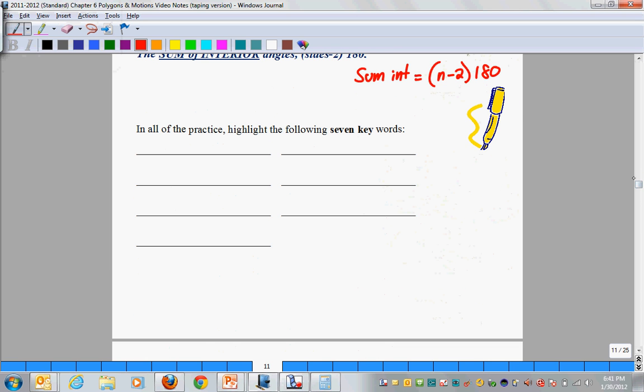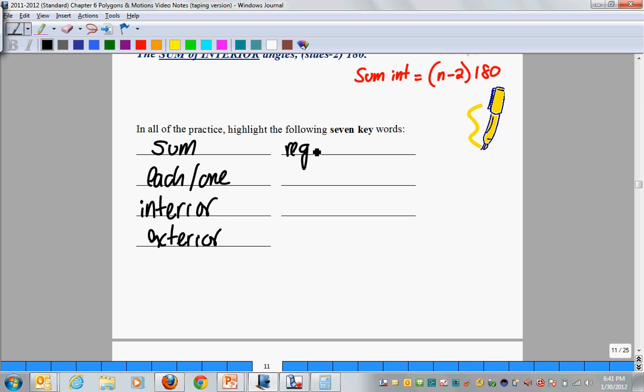When you're working with these problems, you have 7 key words that you should always look for. The first key word is the word sum. Second key word is the word each or one. Next key word is interior, then exterior, the word regular.